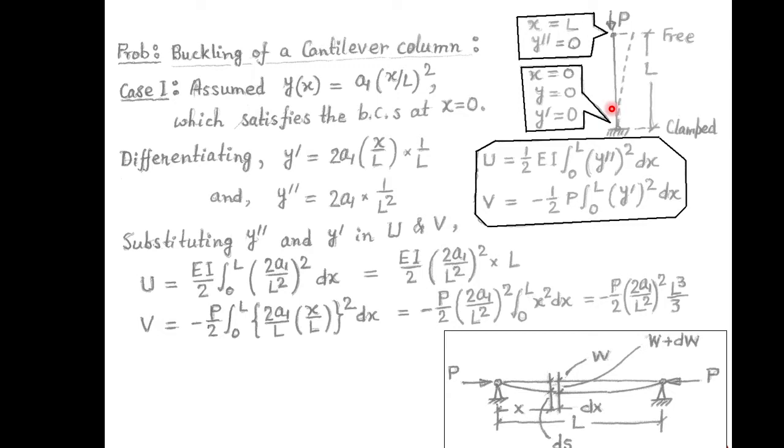The boundary conditions are shown here. At the fixed end, deflection 0, slope 0, and at the free end, moment is 0, and you know M by EI is d2y/dx2. So d2y/dx2 means the second derivative of y. That is also 0.